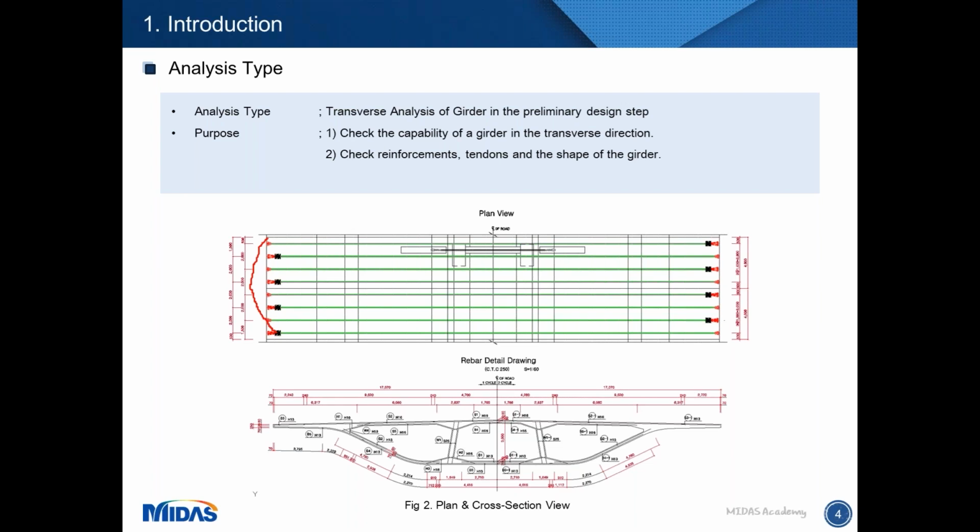We cannot get any results for the structure in the transverse direction from the analysis in the global system. Therefore, the main purpose of the transverse analysis is checking the capability of a girder in the transverse direction. So we need to check member forces and components such as reinforcements, tendons, and the shape of the girder. Let's move on to the next slide.